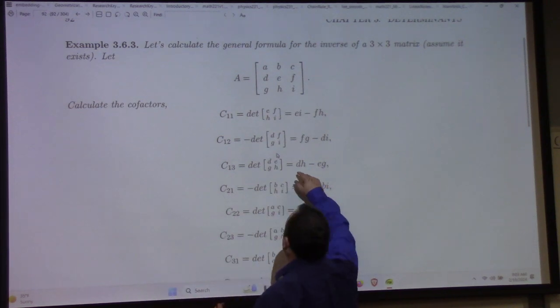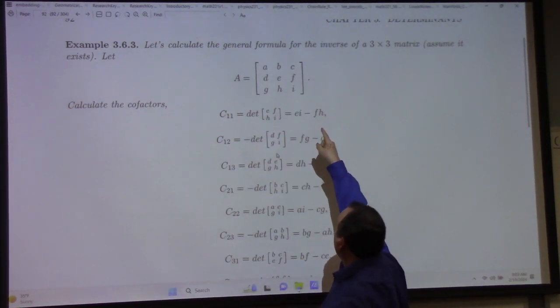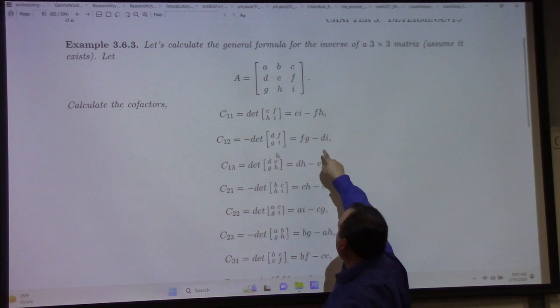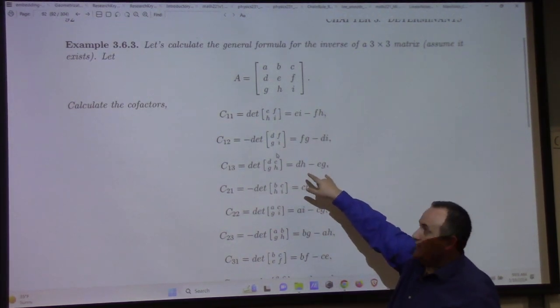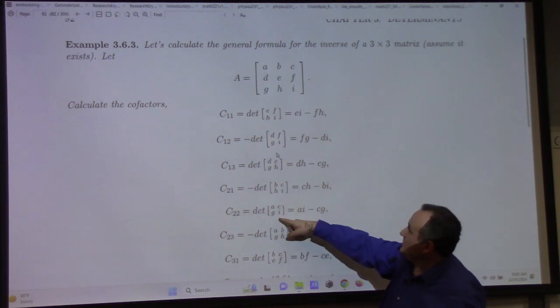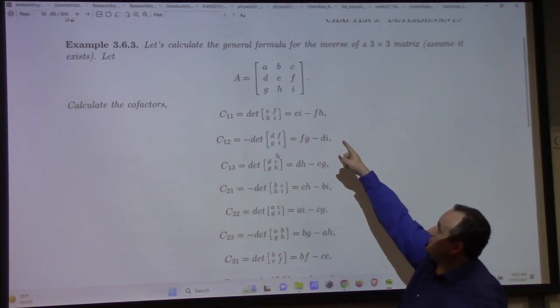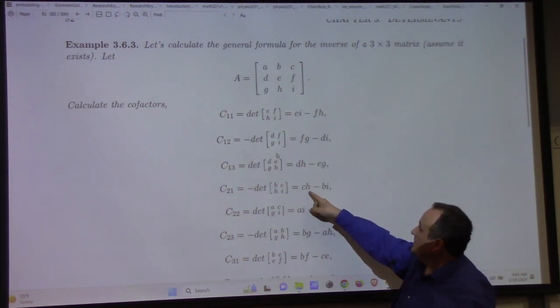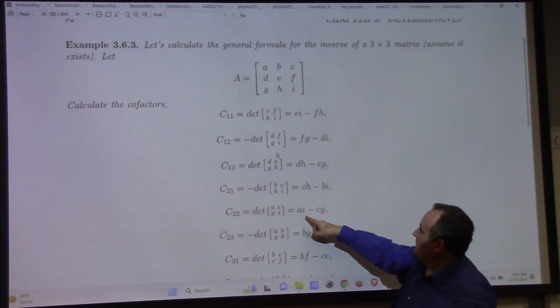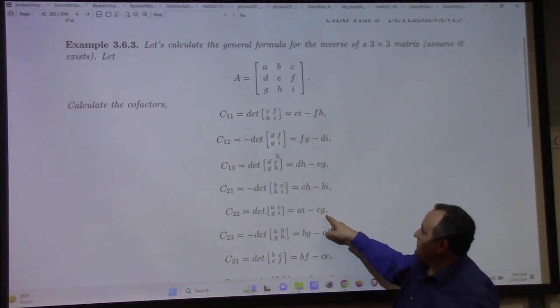For 1,3, I cross out the first row and the third column, so I get DH minus EG. For C22, you get rid of the middle column and the middle row. That leaves you with the corners A, C, G, I, so you have AI minus CG.